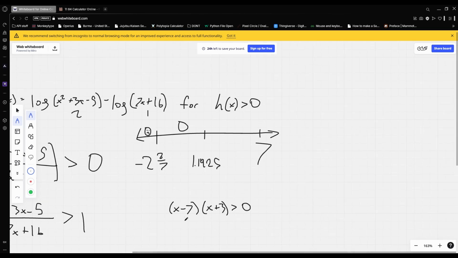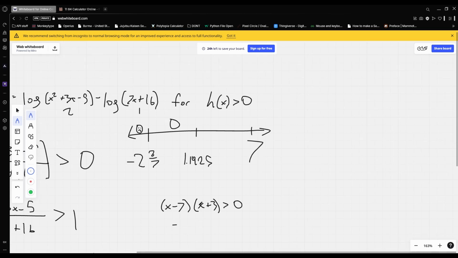So let's substitute 0. So 0 minus 7, negative. 0 plus 3, positive. We get a negative sign right here. I'm going to make this red. Negative. How about we substitute in a number between these two?